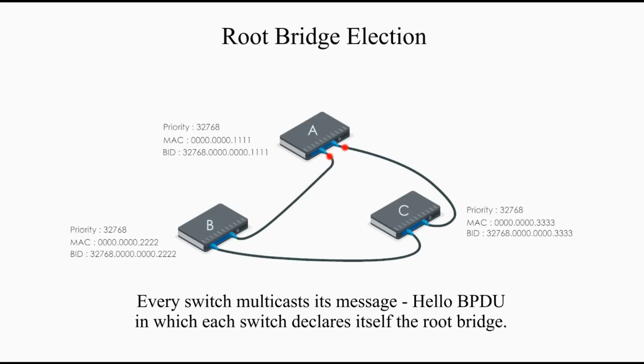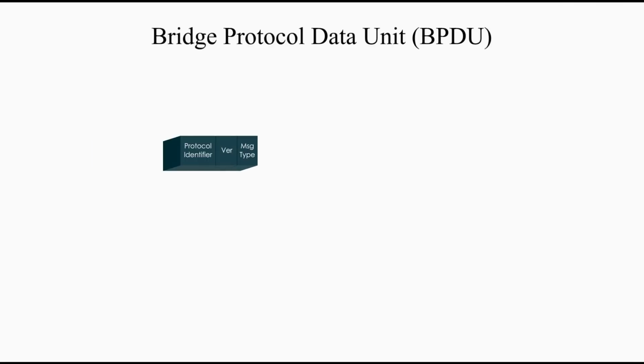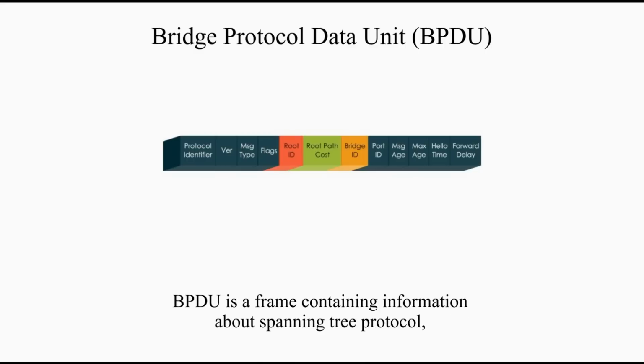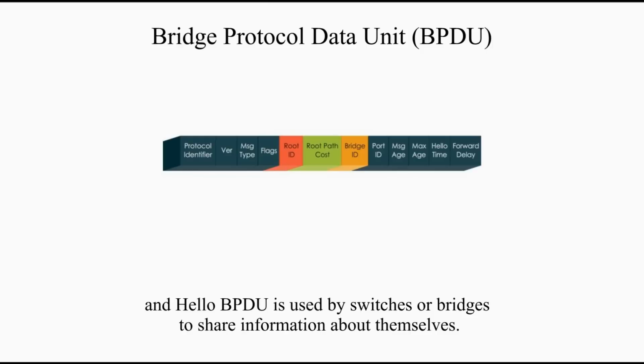Every switch multicasts its message, the Hello BPDU, in which each switch declares itself the root bridge. BPDU stands for Bridge Protocol Data Unit. A BPDU is a frame containing information about the spanning tree protocol, and the Hello BPDU is used by switches or bridges to share information about themselves.